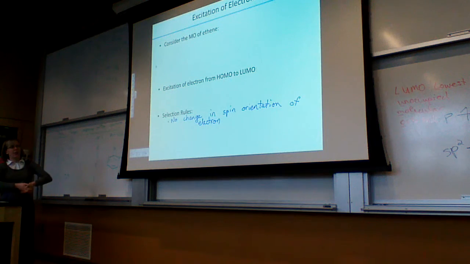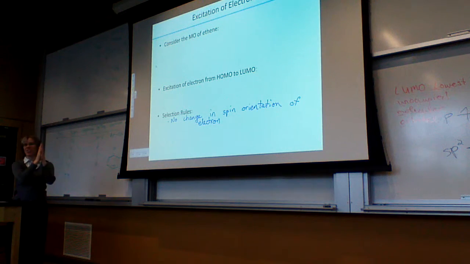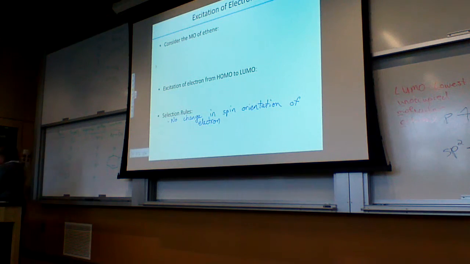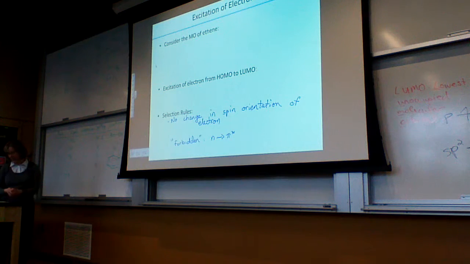So when that electron gets excited, it doesn't change spin states, basically what that rule says. There are a few forbidden ones, but we're going to see them anyways. The most common one being the n to pi star, and I'm going to explain what that terminology means on the next slide. But those have weak absorbance.